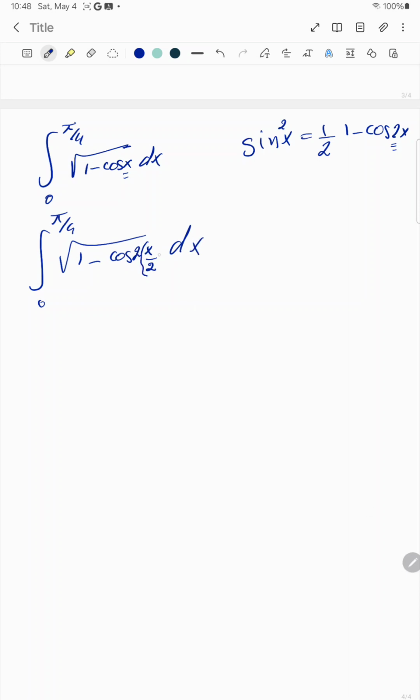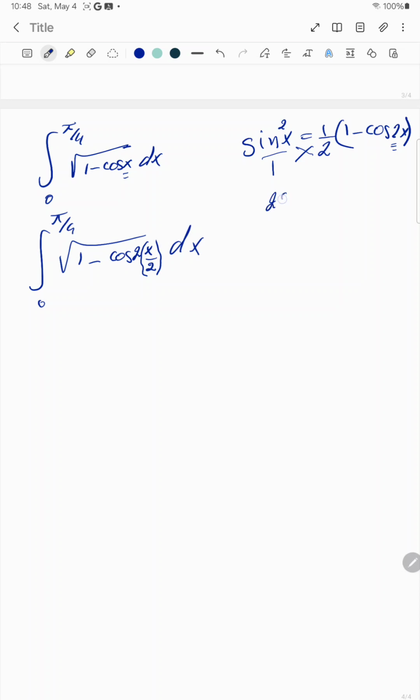So now I take that as my x, and then cosine 2x. That's the formula. So if I have 1 minus cosine 2x, if I do cross multiplication, I will have 2 sine square of x.